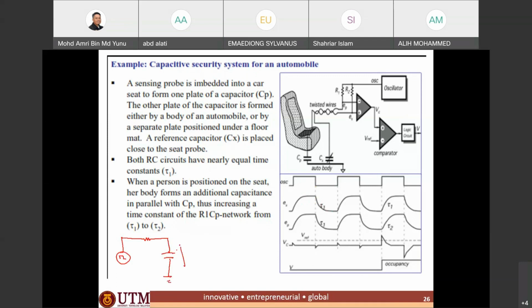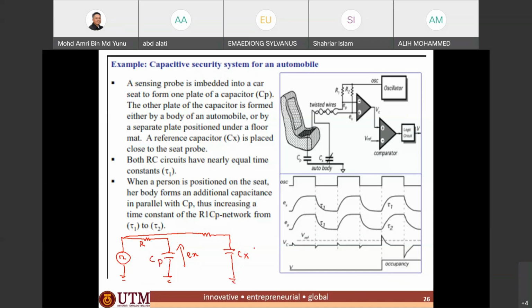So this output EX, from the RC, is given to the negative input of the operational amplifier, and then another capacitor is used as the reference, with a similar input given to the reference capacitor CX.